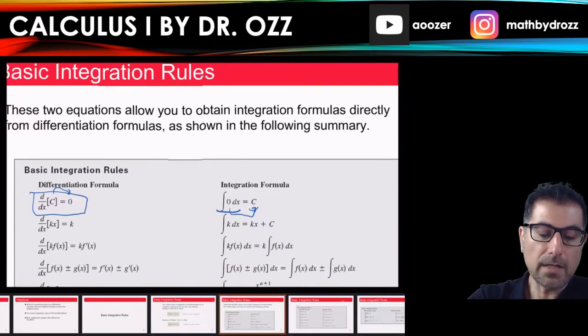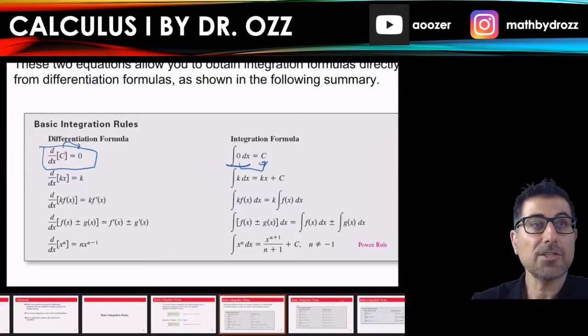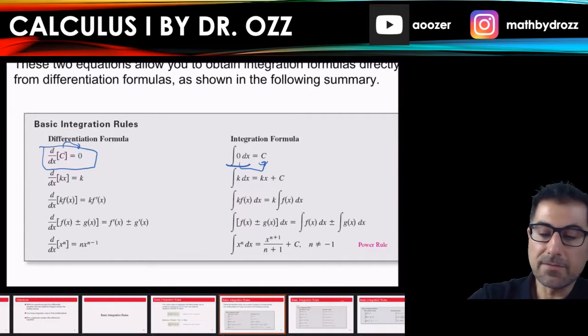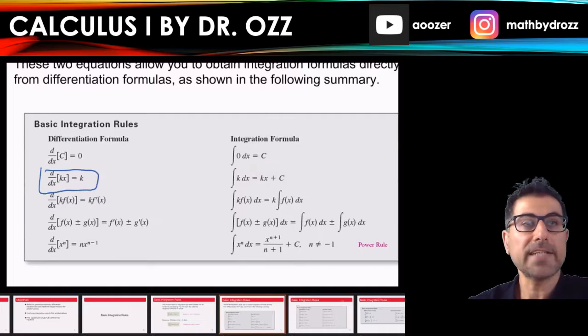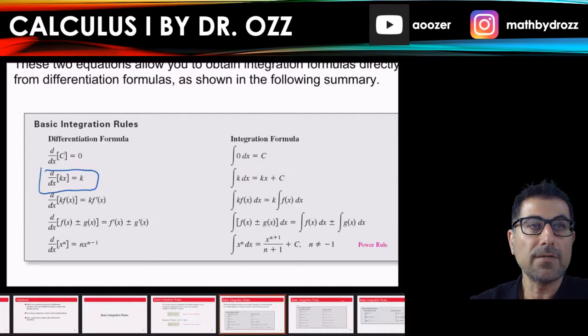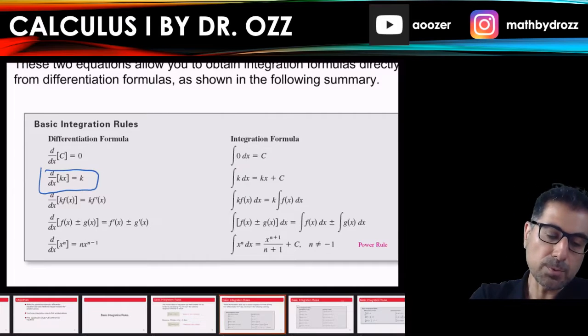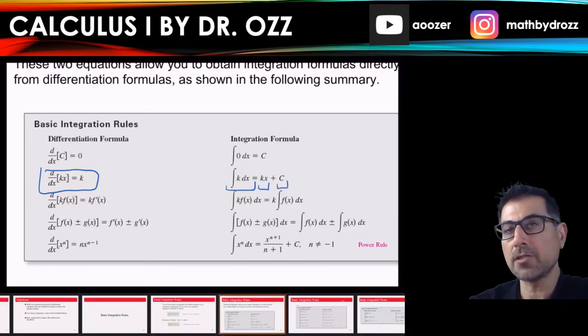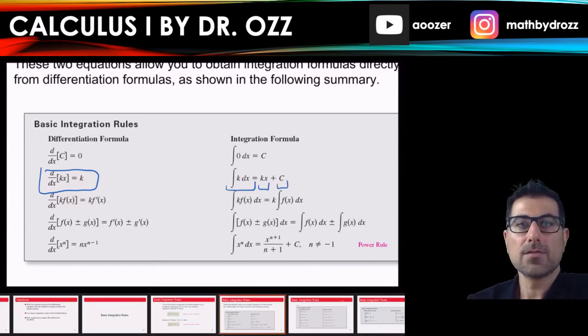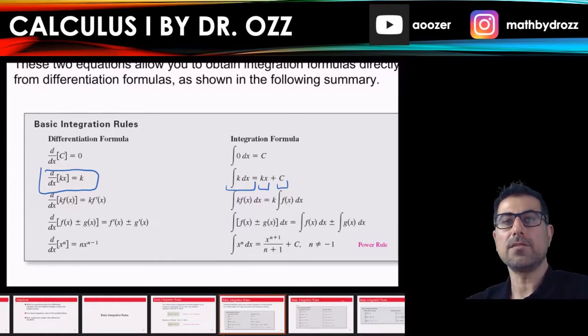And similarly, in the same fashion, you have the derivative of a constant times x, and we said that this should be just a constant. In fact, you can pull the constant out and then you take the derivative of x. That's k. So that means that if I integrate a constant, I should go back to kx, and I should also add the integration constant here. So k, a constant integrated, should give you k times x.